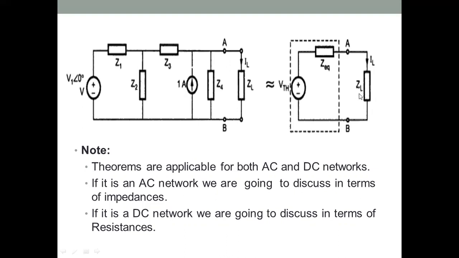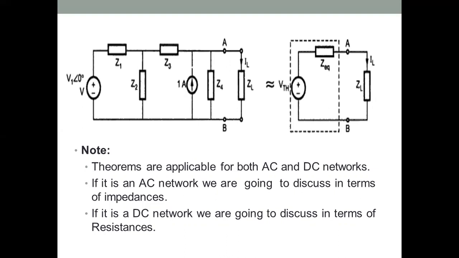Here ZL is nothing but your load impedance, and the current flowing through ZL is your load current IL. So finally, with the help of Thevenin's theorem, we are going to calculate the load current IL.